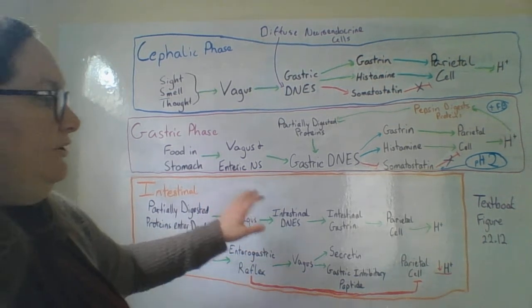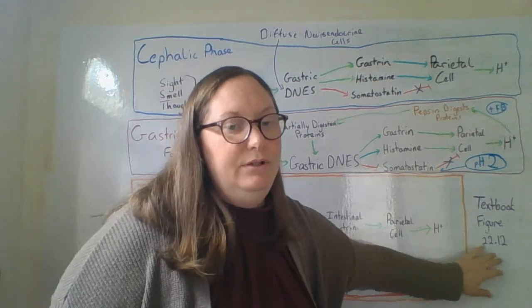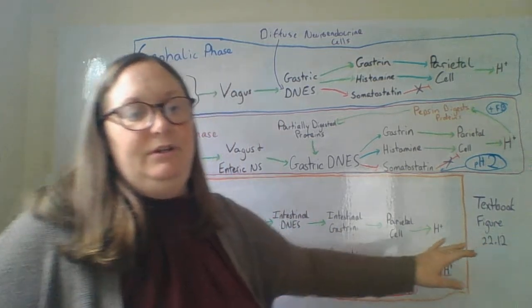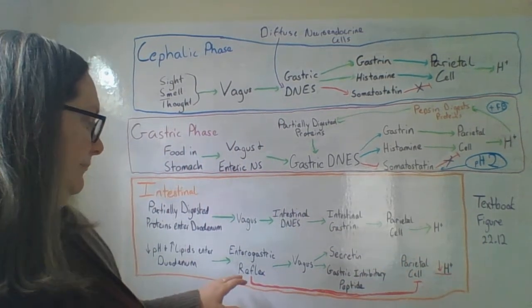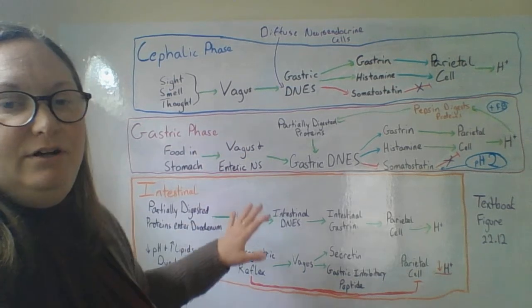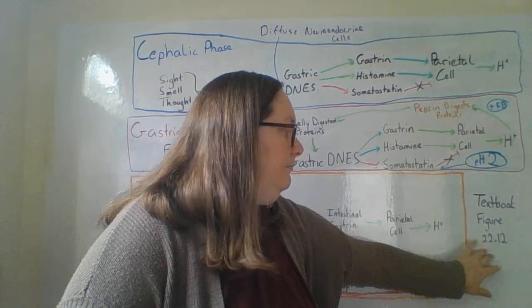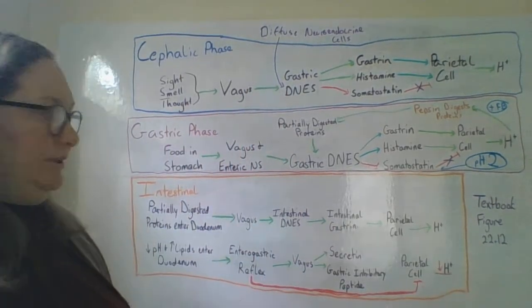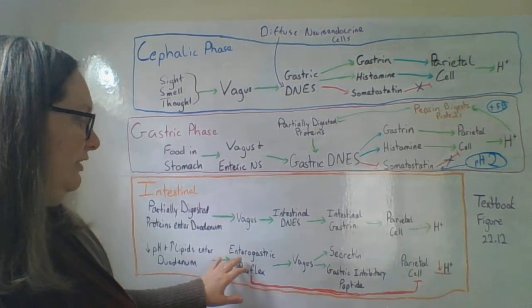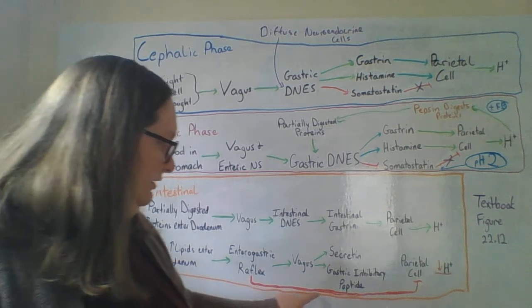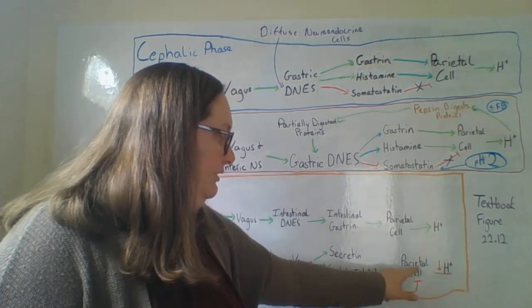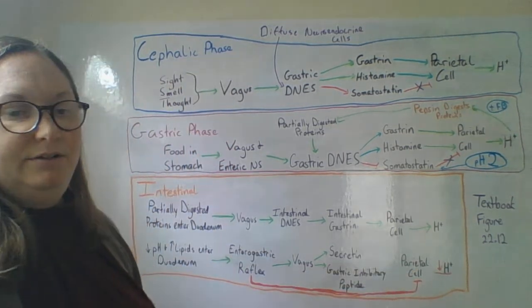By the way, guys, you can see this whole figure in your textbook. So if this is hard to see, or you want to follow along, you can find it right there in the textbook. Alright, your enterogastric reflex, look at that, is going to inhibit parietal cell activity.